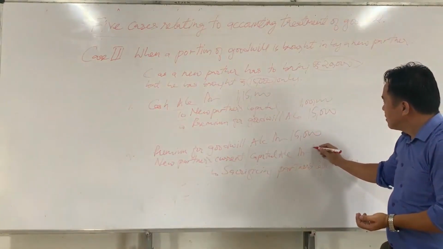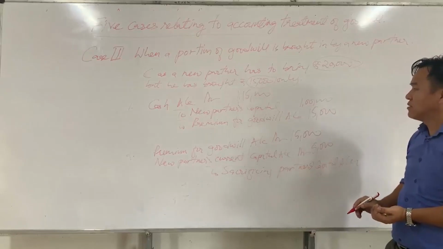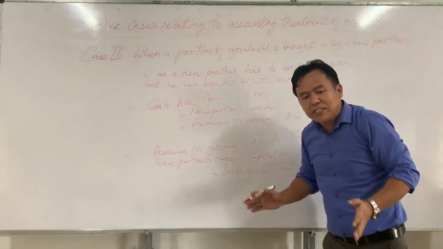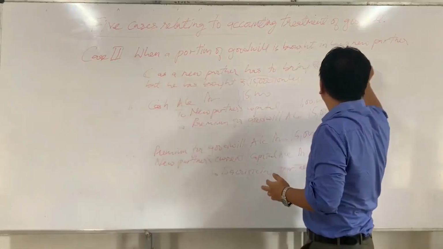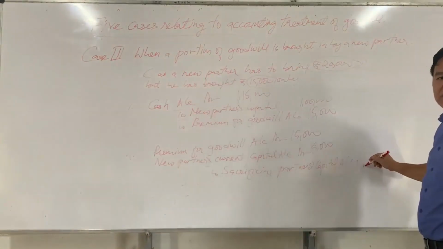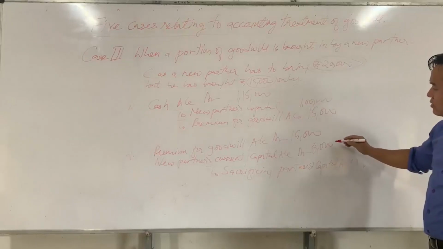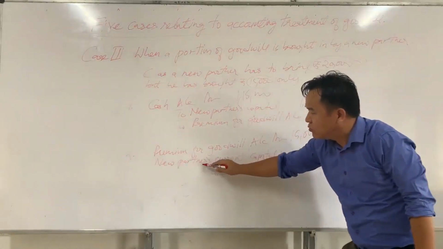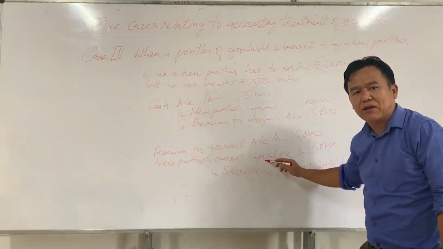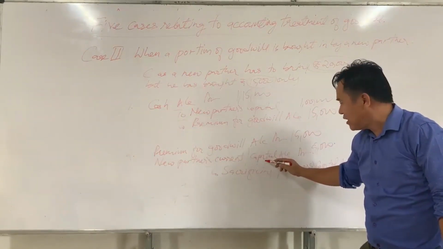That is why here we have to write 5,000. Whether the new partner is able to bring his share of goodwill or not, the whole amount of goodwill, that is 20,000, should be transferred to the sacrificing partners. Right now, the remaining amount of 5,000 is adjusted from where? Adjusted from the new partner's current account or capital account. Is that clear for you?